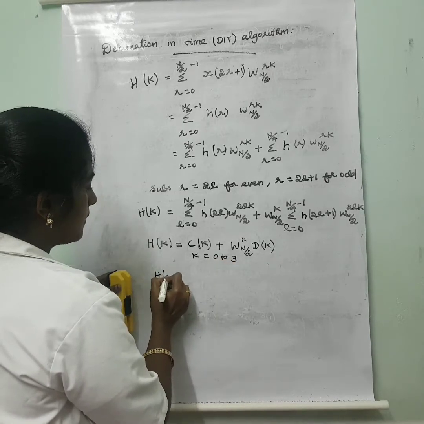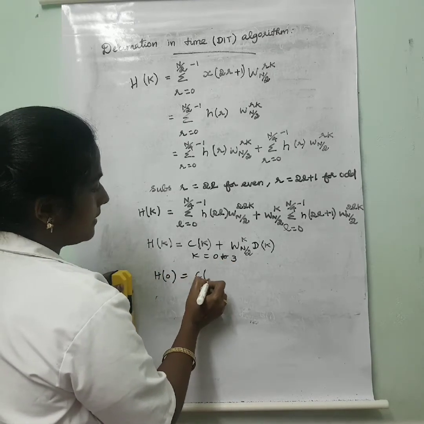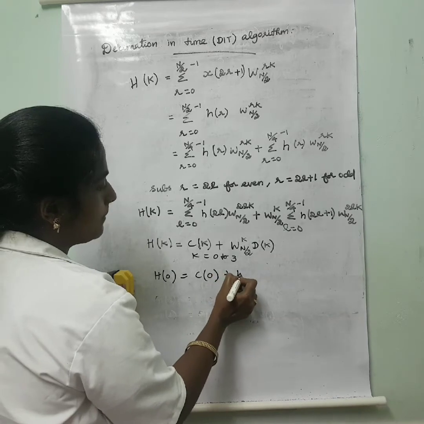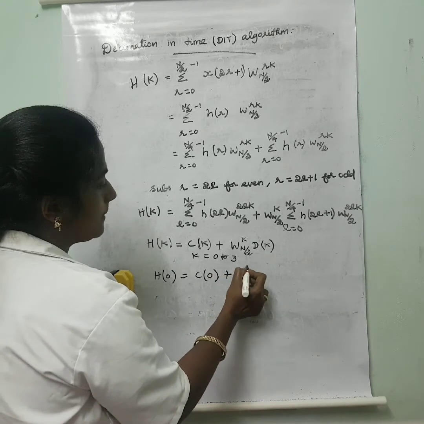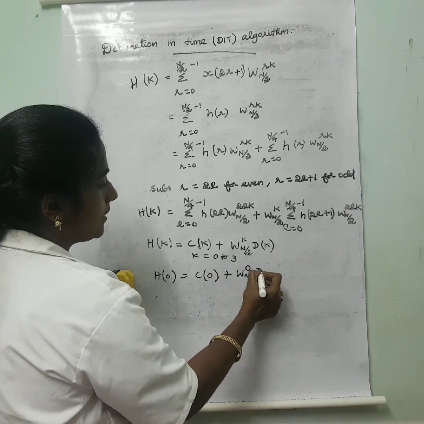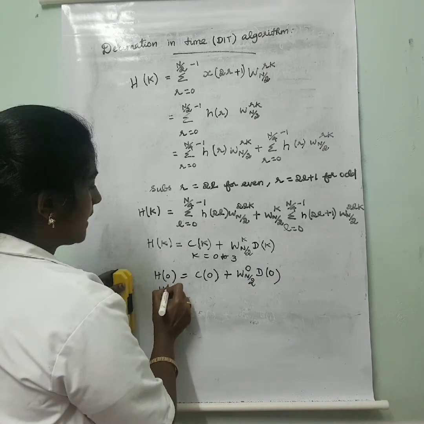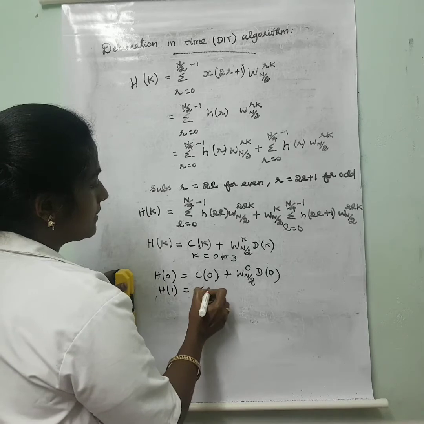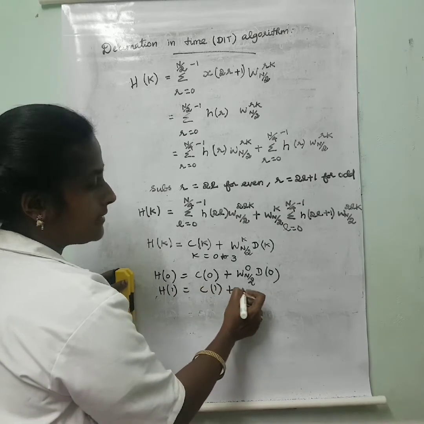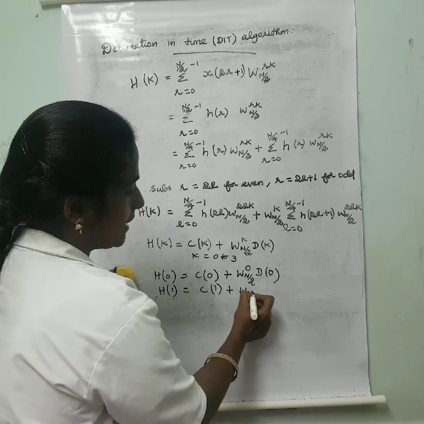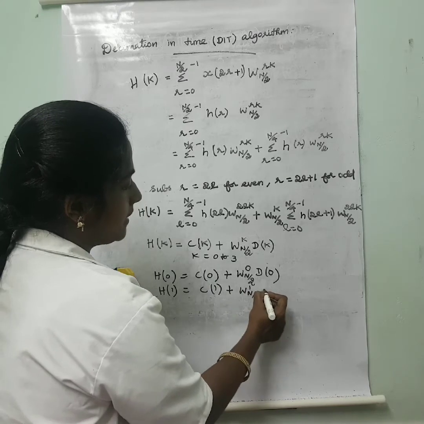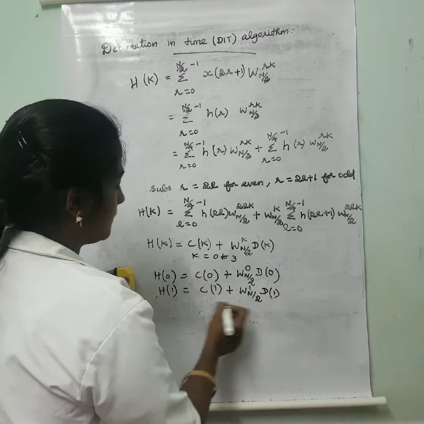H of 0 is equal to c of 0 plus wn by 2 to the power 0 into d of 0. When k is equal to 1, h of 1 is equal to c of 1 plus wn by 2 to the power 1 into d of 1.